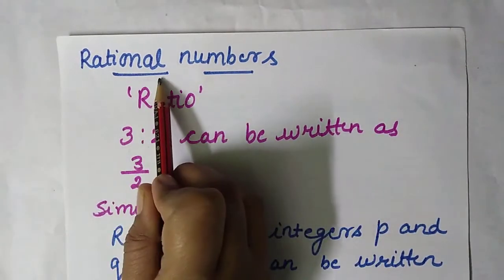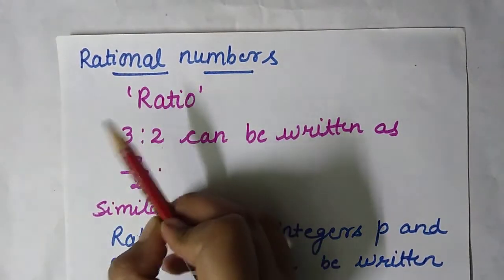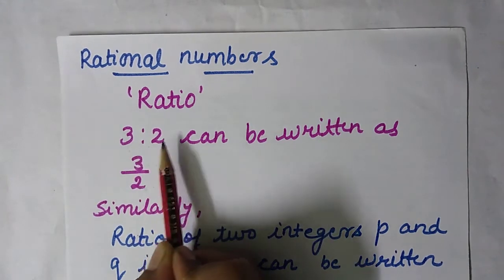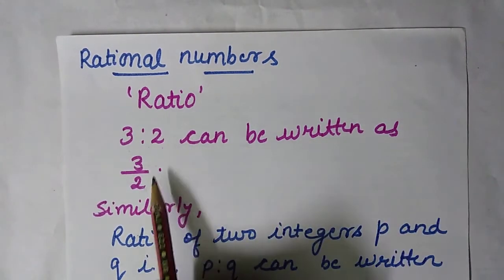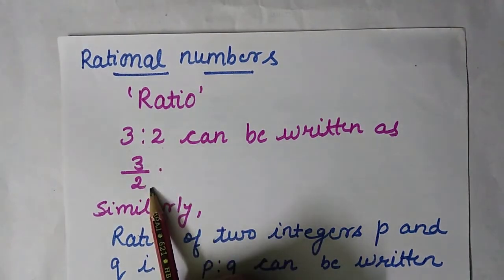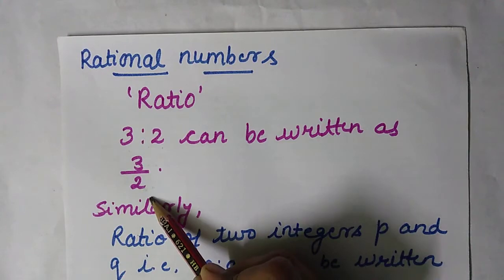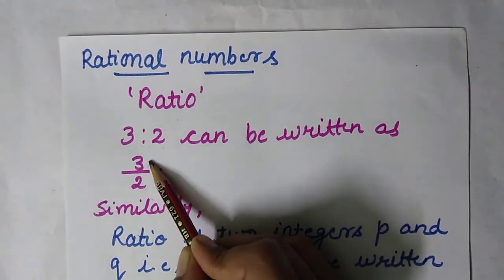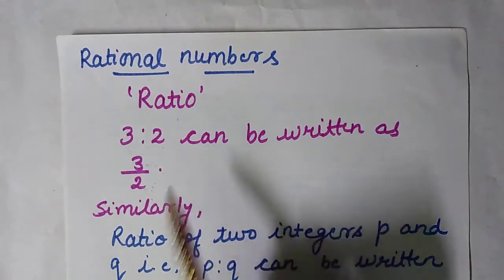The word rational arises from the word ratio. That means if you are writing 3:2, this can be written as 3/2, where 3 and 2 are natural numbers. In terms of ratio, we can say the numerator and denominator, 3 and 2, are natural numbers.